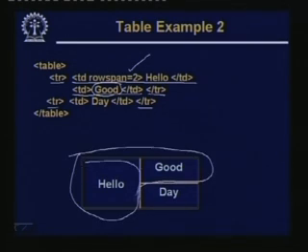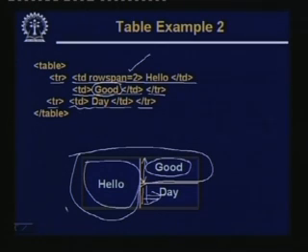This hello will be spanning 2 rows, good will be on the right, but it will be spanning only 1 row. Okay. And whatever comes in the second row, since hello has already spanned 2 rows, that will start from here onwards. So, there can be only one cell in the second row, day, it will come out here.